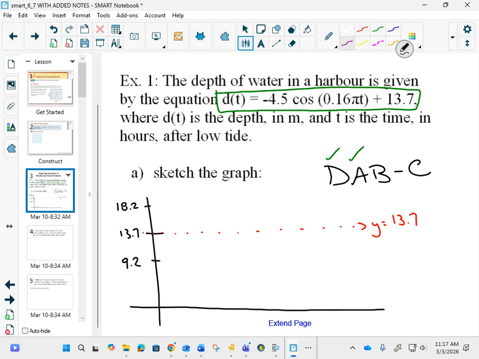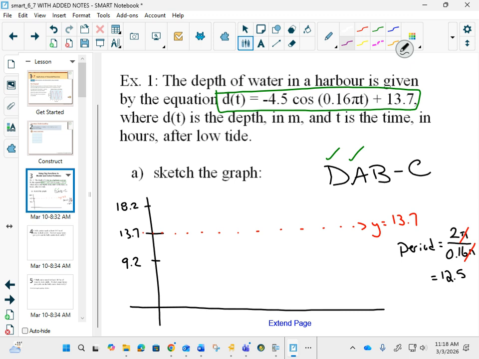Your B value finds your period. So here I'd have to do, my period is going to equal 2 pi divided by my B value, and my B value is 0.16 pi. This will require a calculator because of how the numbers are. I mean, you can probably see that the pi's are going to cancel out. And then you go to your calculator, and 2 divided by 0.16 is 12.5.